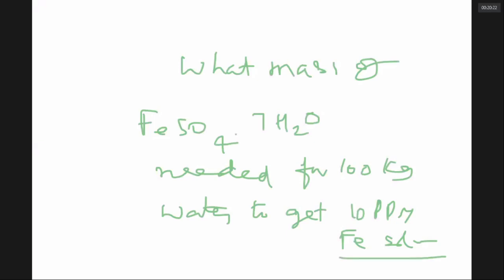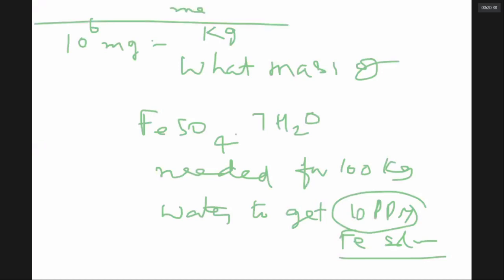What do you mean by ppm? Parts per million. So, if you take 1 million milligrams, that means 1 kg. In 1 kg, how many milligrams of the given substance is to be added makes the ppm.